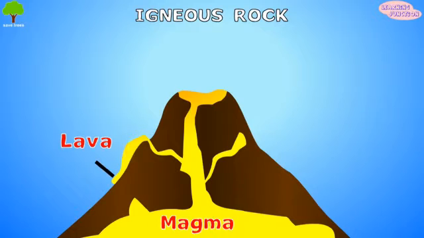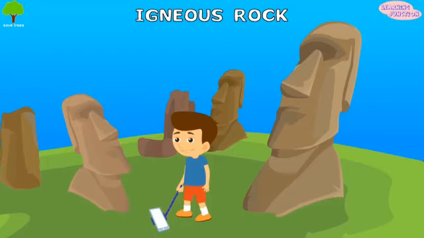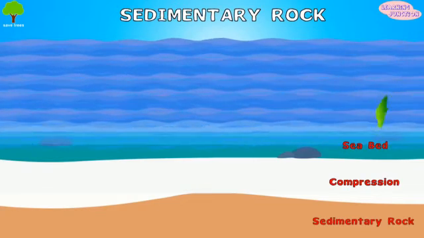And when it cools down, it is known as lava, and it forms basalt rock, and the magma which remains inside the earth forms granite. This granite is also a form of igneous rock. As we can see, many statues are formed of these igneous rocks.